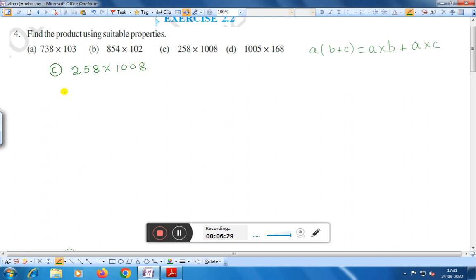Now it can be written as 258 into 1000 plus 8.